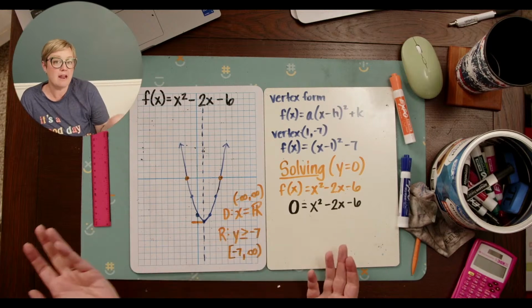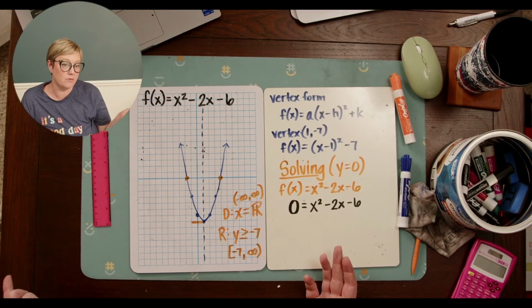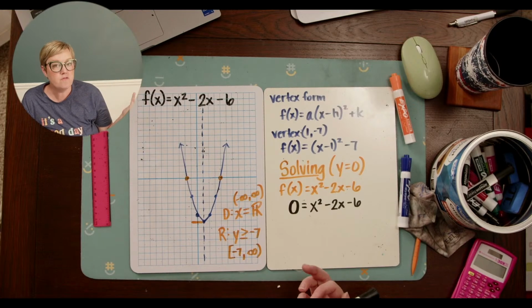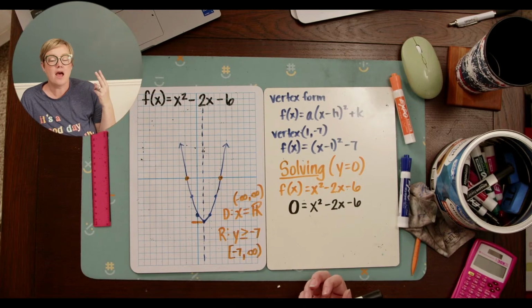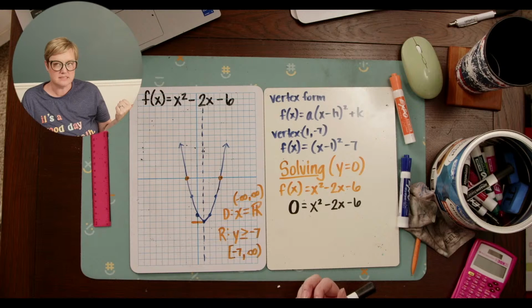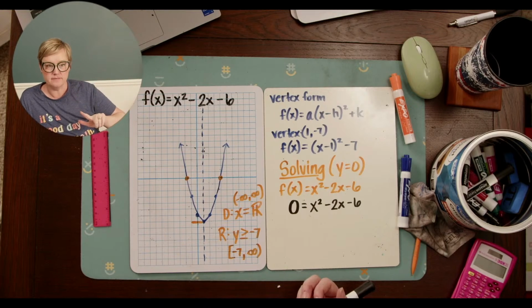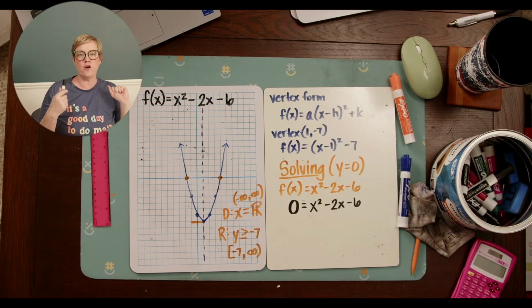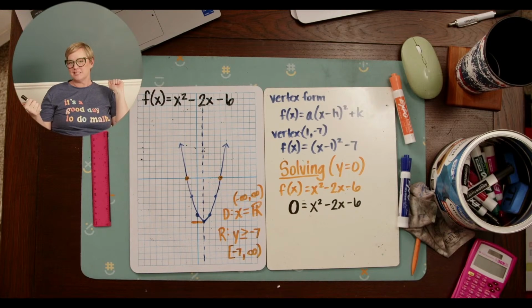So I can't factor it, which we just did some factoring before, so I move on to my other 2 options: completing the square, which I love, or quadratic formula. Quadratic formula is kind of the default one. You check to see if you can factor it. If you can't, do the quadratic formula.